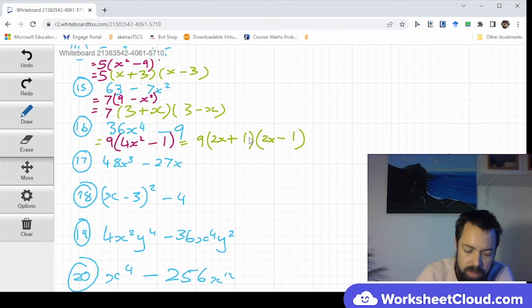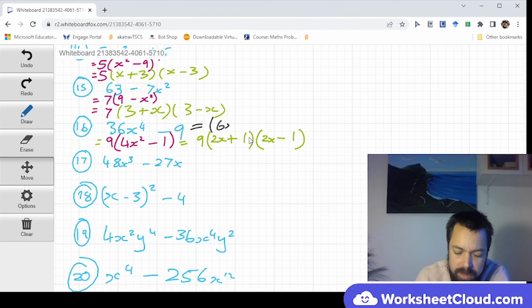Okay, so just because I like people to understand that it's the same answer whichever way we went. If we'd gone the other way, which I'm going to do over here, we ended up with 6x squared plus 3, 6x squared minus 3. Okay, I'm doing something not very good.